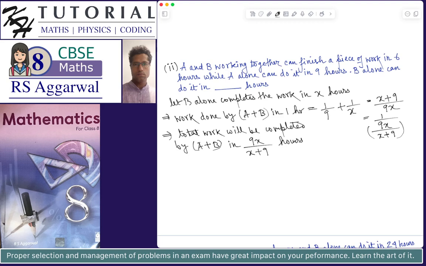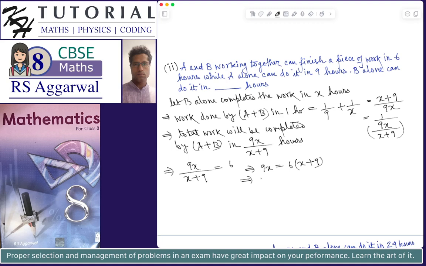And it is given in the problem that A and B working together can finish a piece of work in 6 hours. So we can say that 9x divided by x plus 9 is equal to 6. So we have to solve this linear equation in x. Doing cross multiplication, we get 9x is equal to 6 times x plus 9.